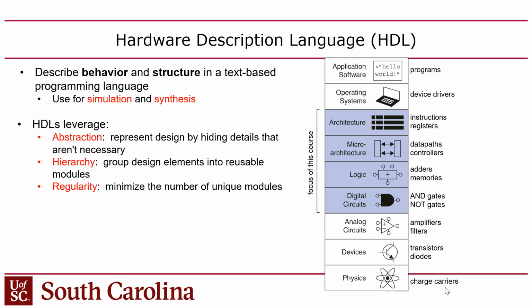Abstraction is where you design something with a library of components, right? And then those components can themselves be very complex designs. If you drill down inside of each of those components, they are built from other components, right? Which again may be fairly complex.